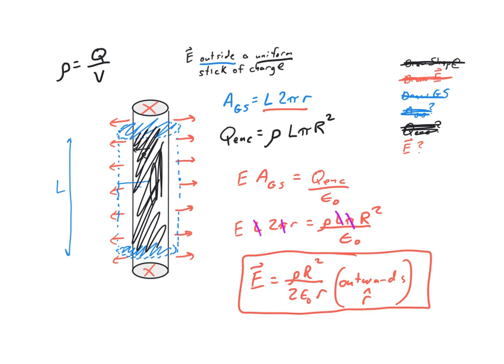That half is done. Now, why is this only half of it? Because so far we've only looked at the outside. Since this is a uniform stick of charge, there's electric field inside of that stick as well. Let's consider inside as well.